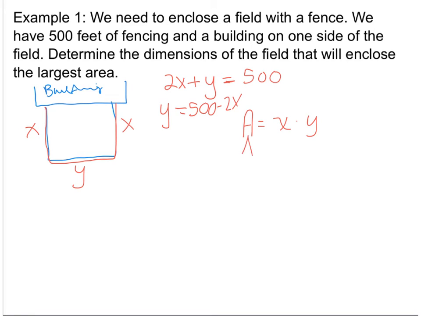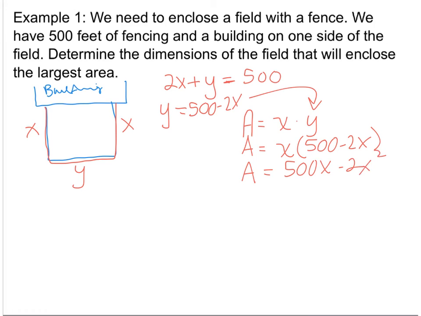And then I'm going to substitute that into my area formula so that I have one expression in one variable. So the area is going to be x times 500 minus 2x, which is 500x minus 2x squared.